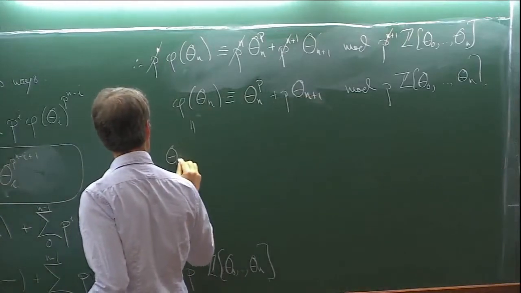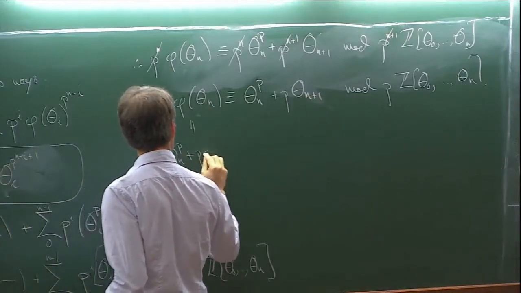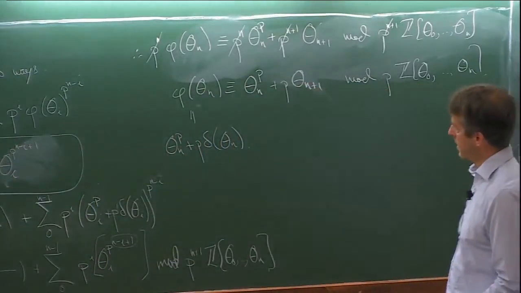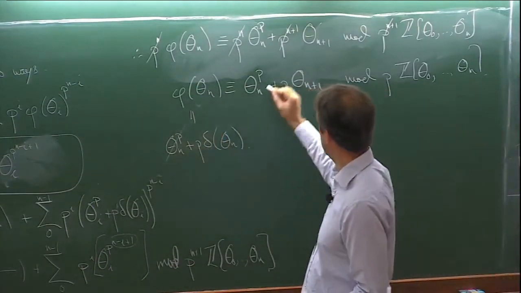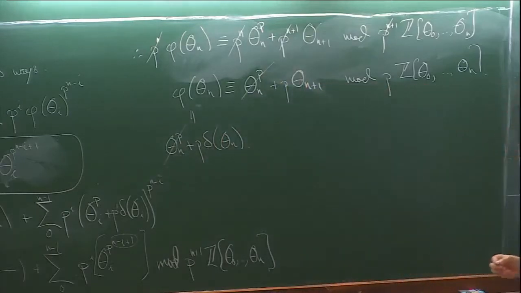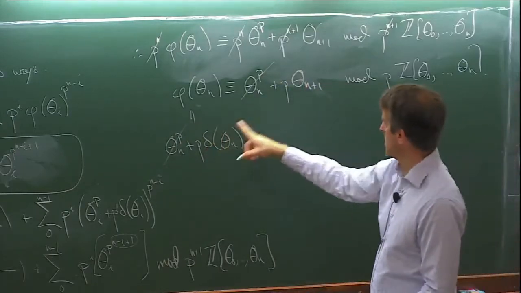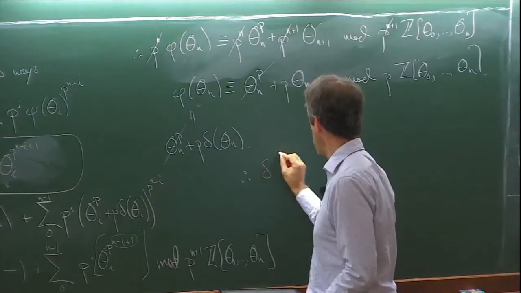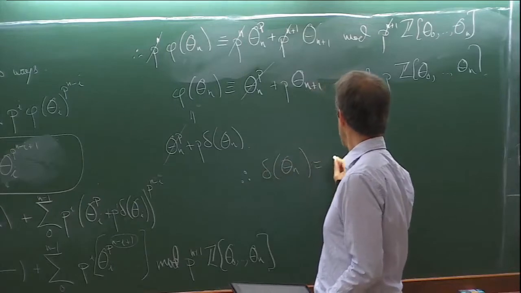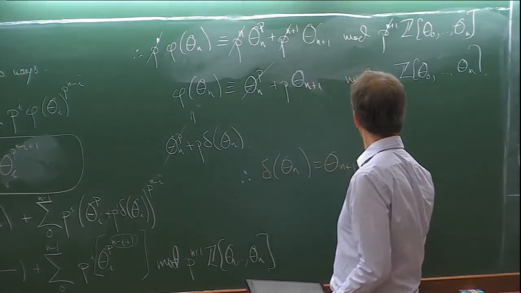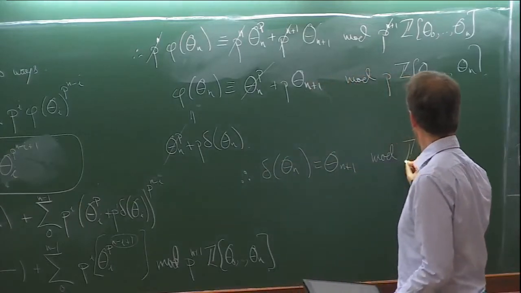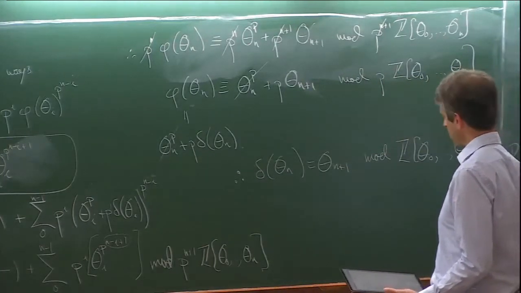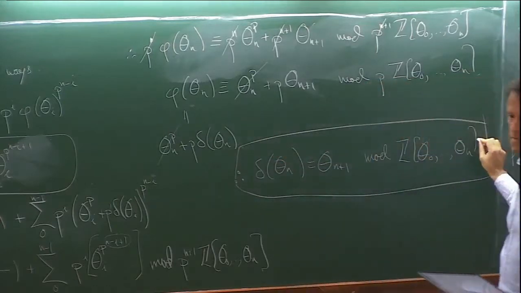This is theta n to the p plus p times delta of theta n. Then we cancel those two. And now we have another p we can cancel, and we get that, which is what we wanted.